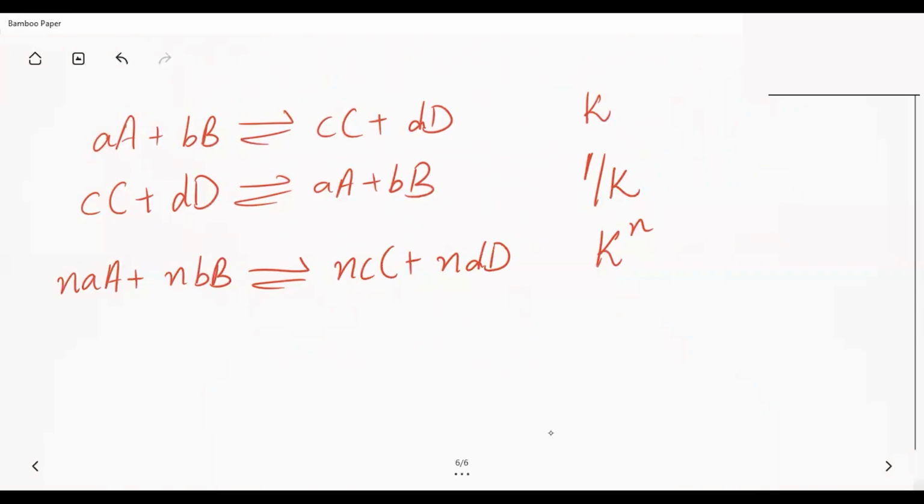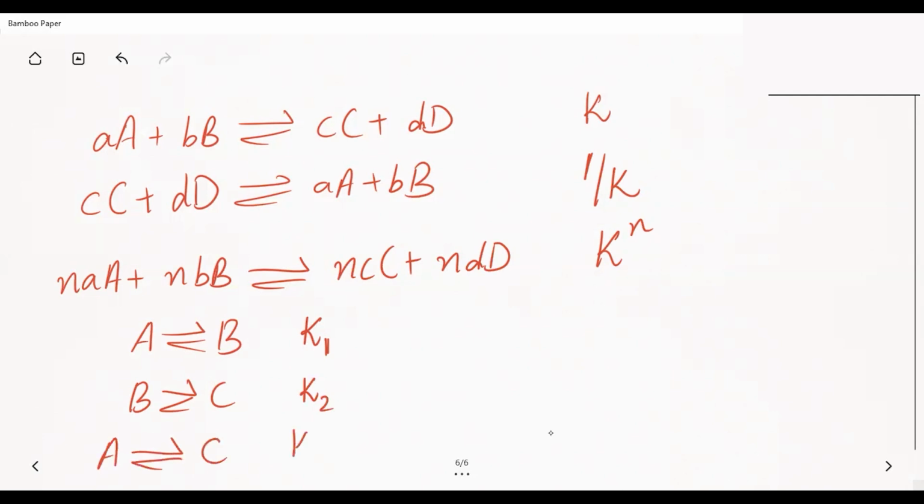Now, one more thing. Just imagine equilibrium is established: A in equilibrium with B, and B in equilibrium with C. For A in equilibrium with B, the equilibrium constant is K1. For B in equilibrium with C, its equilibrium constant is K2. Then what will be the equilibrium constant when A is directly converted to C?